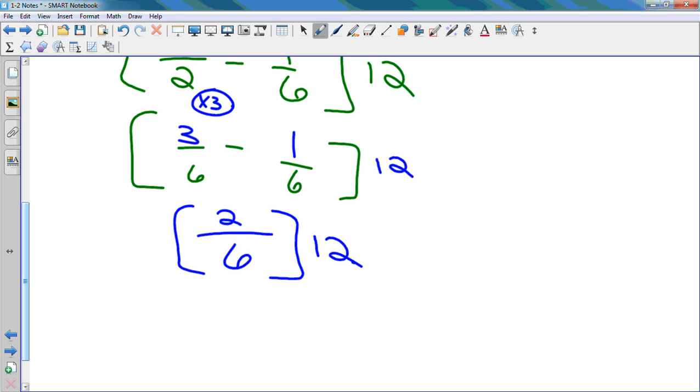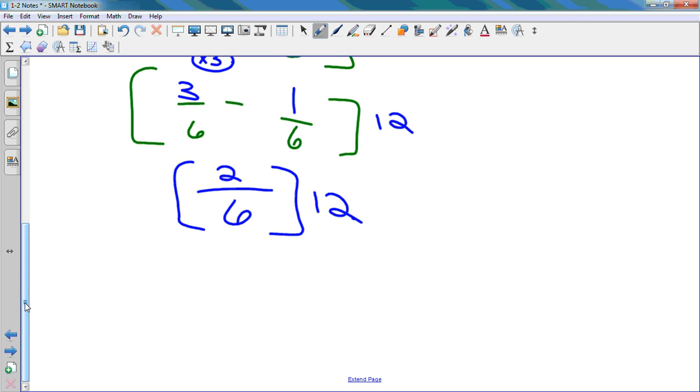So I have 2/6 times 12. How do I multiply a fraction by a whole number? Not the decimal. Yeah, put 12 over 1. Not a 1 over the 12, but 12 over the 1. Now, when you multiply fractions, what's the first step? Cross reduce.